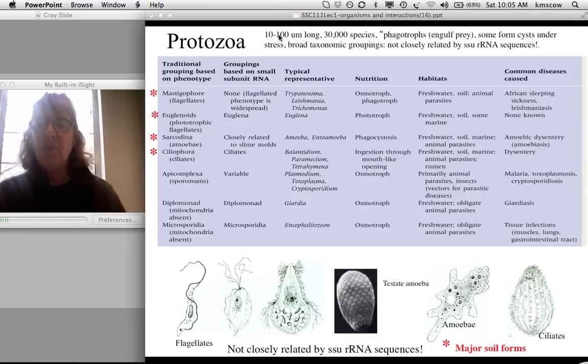We used to think they were all very related, but they are actually quite different. I've starred the most important ones in soil, which are the flagellates, pictures shown down here, the two kinds, and then the amoeba, which are really important in soil, both the naked amoeba and the testate amoeba, and the ciliates, shown down here.